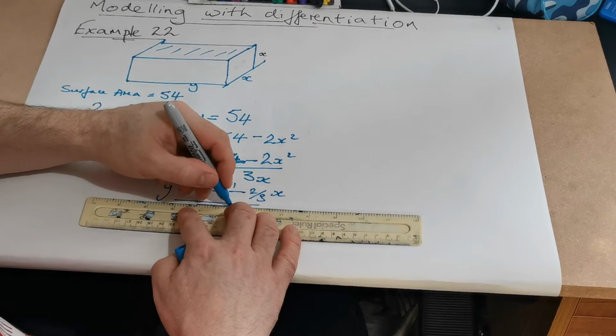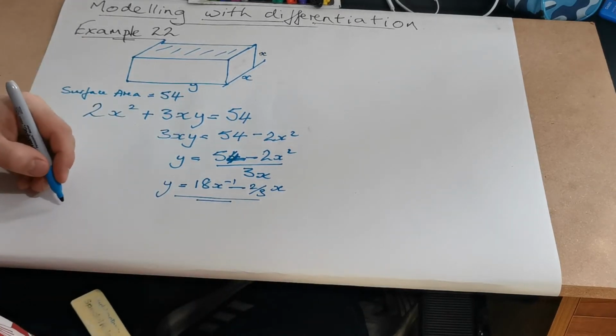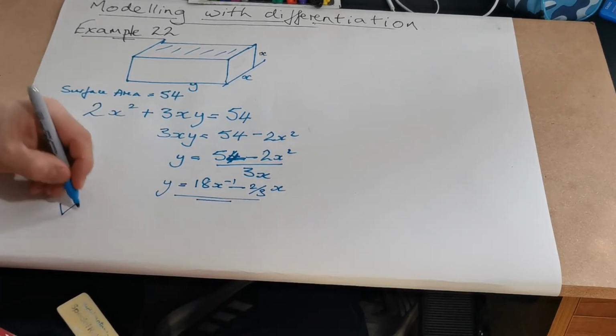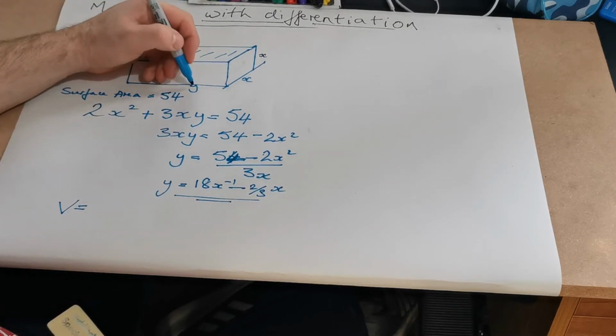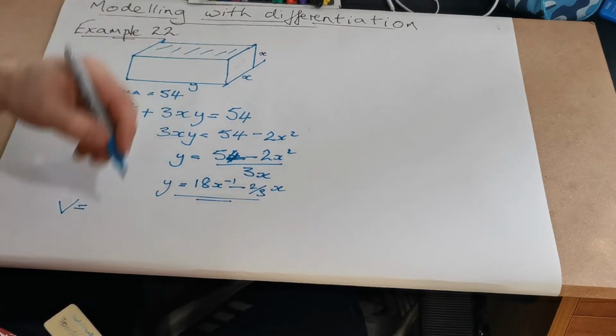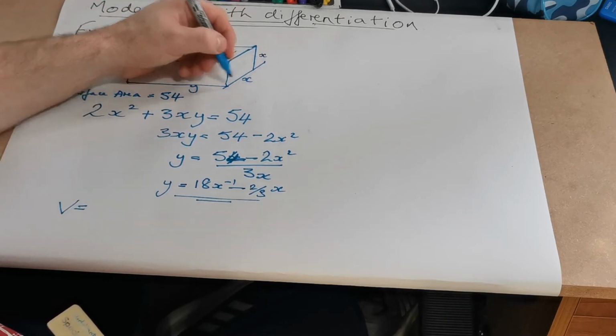Now the question asks for the volume. So if I'm looking at the volume, it's going to be the area of the base, y times x, times the height, x.